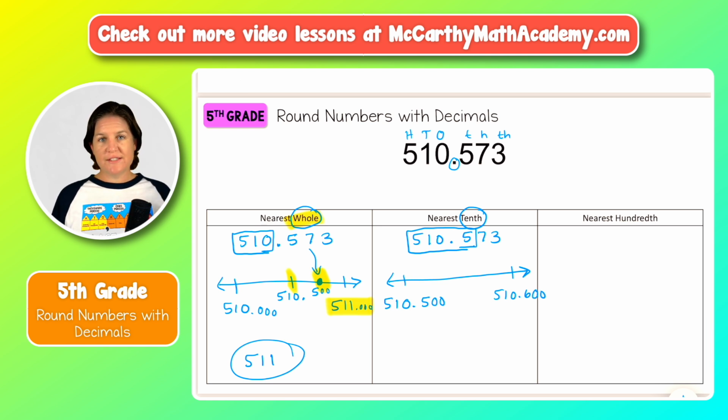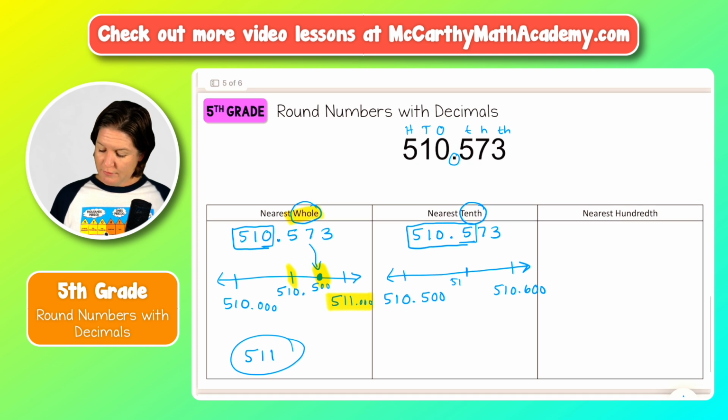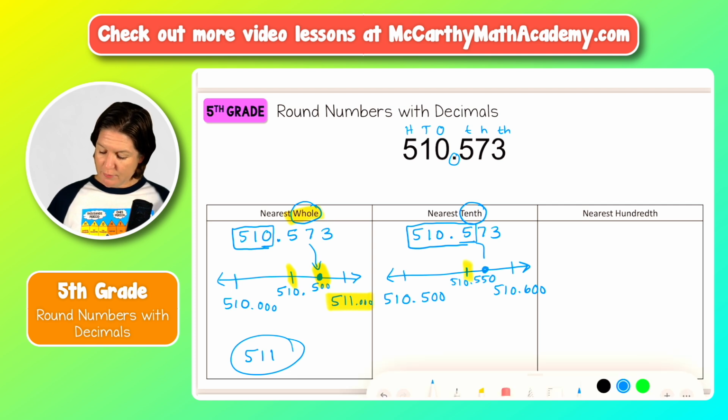And I know that 6 tenths is the same thing as 600 thousandths, so I'm just making that there. Now let's make a mark to show halfway, which would be 510 and 550 thousandths right there. So 510 and 573 thousandths, let's plot that. And our given number, if we plot it, is about right there. So because of that, we're going to round up.